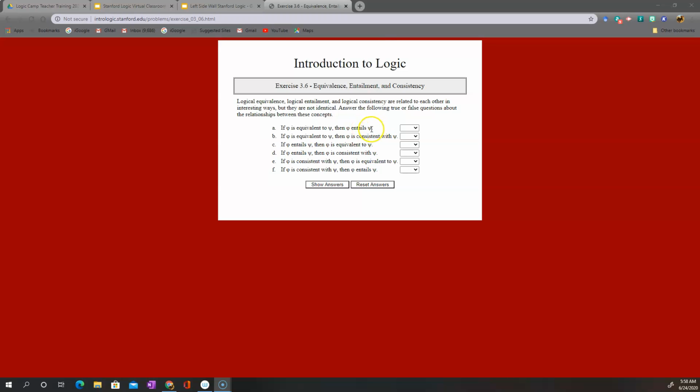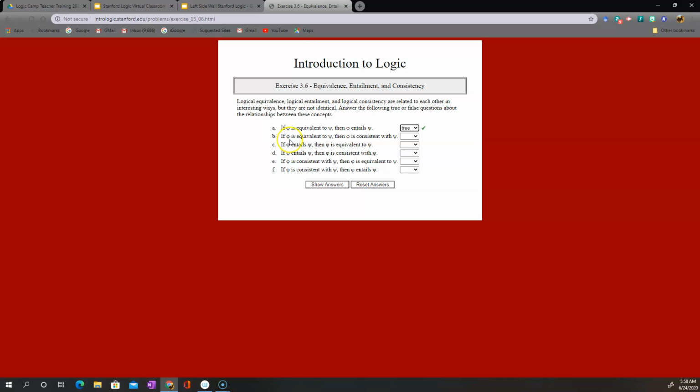It doesn't require the other way around. In other words, it does not require that each true evaluation of psi has to result in a true evaluation of phi. And so equivalence in that sense is a stronger requirement, and so I'll say that's true, because if it's equivalent, then it has to be entailed.